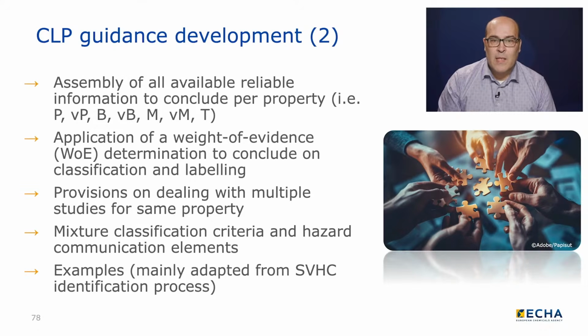So we assemble this information, we present this information that is relevant, and then we apply a weight of evidence. The guidance provides both on a theoretical horizontal level, but also on a property-specific level, guidance on how the information would be assembled and assessed basically within this weight of evidence in order to conclude on classification and labeling, as well as provisions for dealing with multiple studies for the same property.